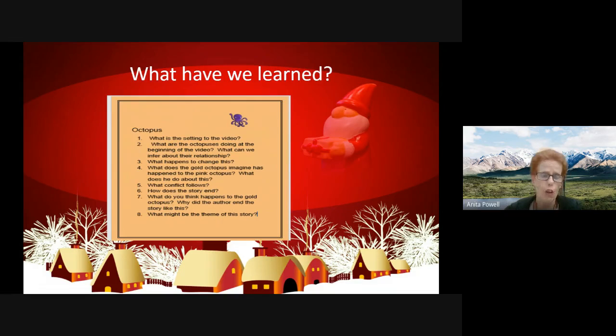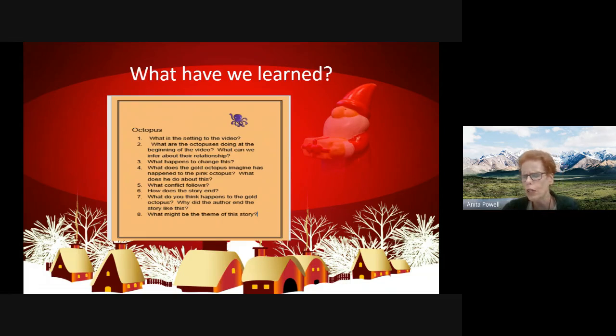What conflicts follow? Well, this gold octopus is determined that he is going to rescue this octopus. So he is chasing after the bus. In fact, he even releases the pink octopus from the little cooler that she's been put in.